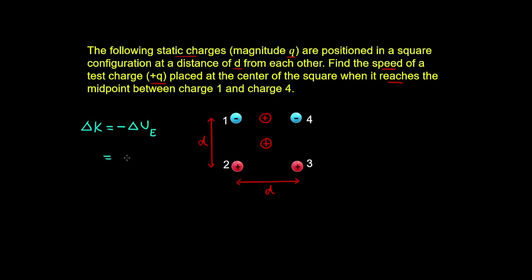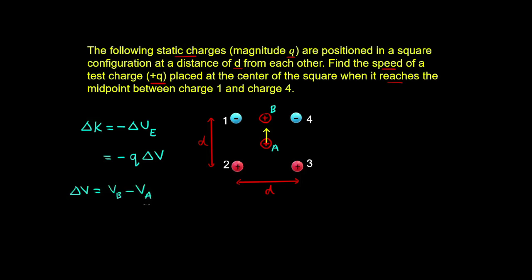And we can further write this as the magnitude of the test charge, which is plus Q, times the change in electric potential as the charge moves from point A to B. And I encourage you to verify that the electric field is actually pointing upwards at this point, in the direction of the net force. So the change in electric potential is the electric potential at B minus the electric potential at A.